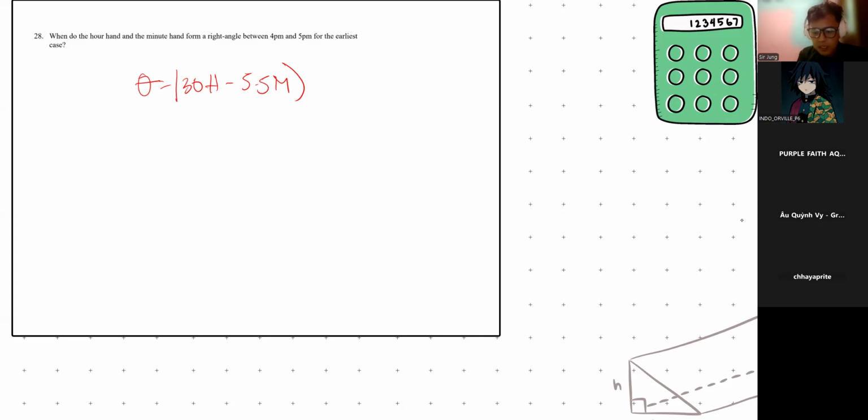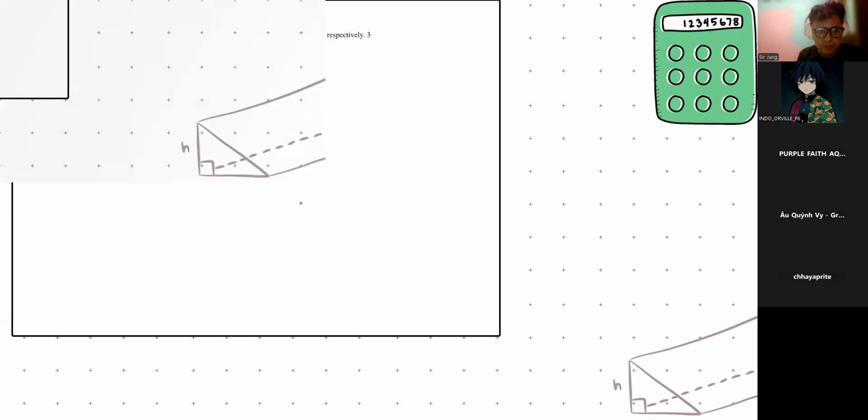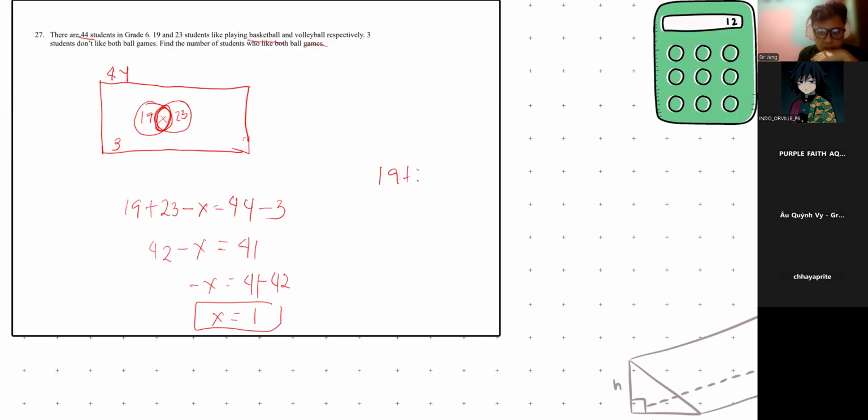If that's the case, so let's just go back first. 19 plus 23 minus 41 over 2. 42 minus a fraction. I think there's no need to have this. You only need to have 44 minus 3. And that should be the easier way to find the answer.